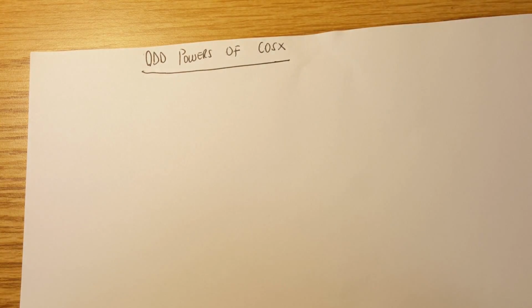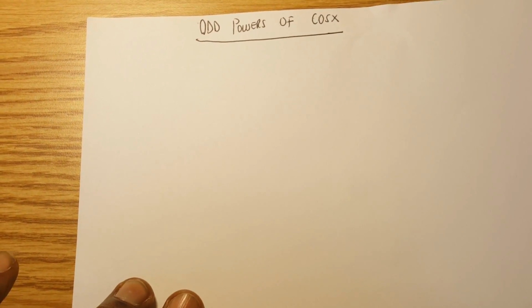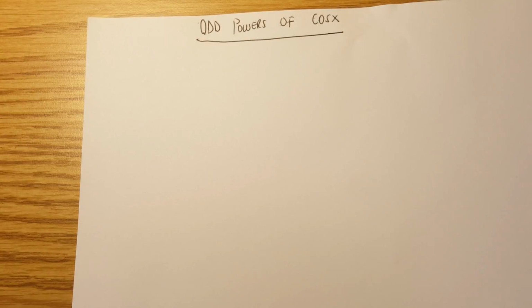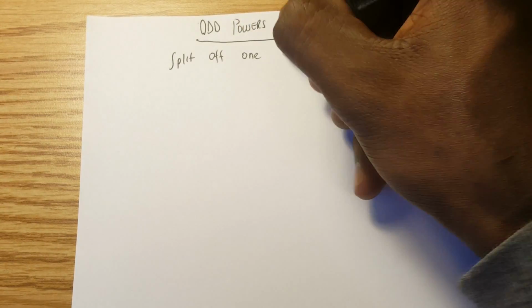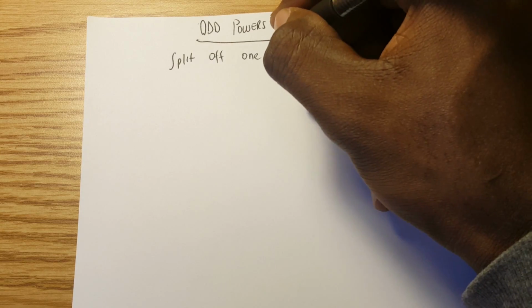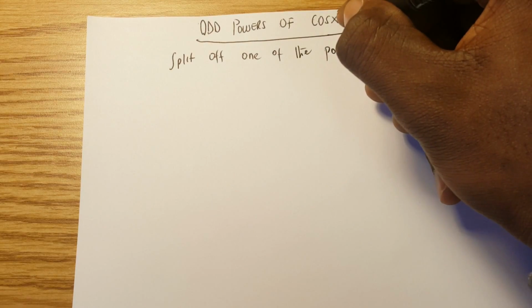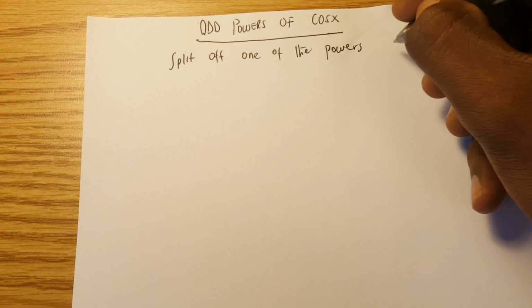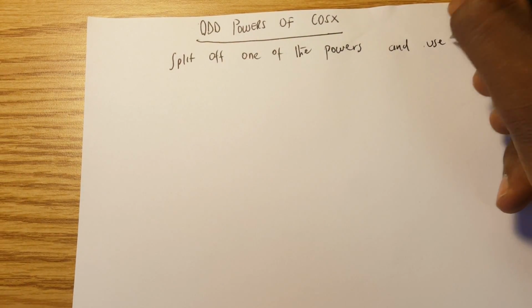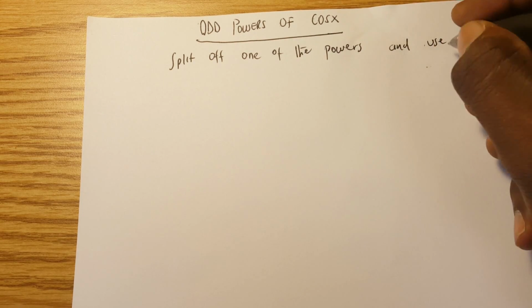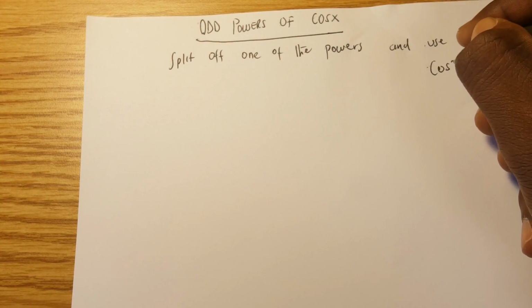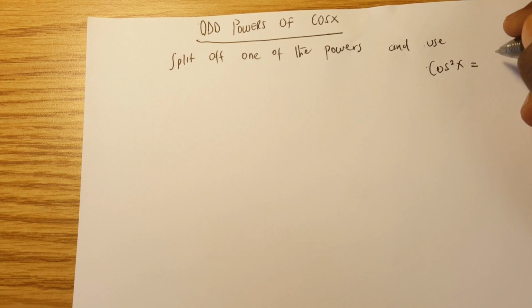So this one also has a rule. If you see any cosine raised to an odd power and you are supposed to integrate, you would split off one of the powers and use the trigonometric function cosine squared x is equal to 1 minus sine squared x.